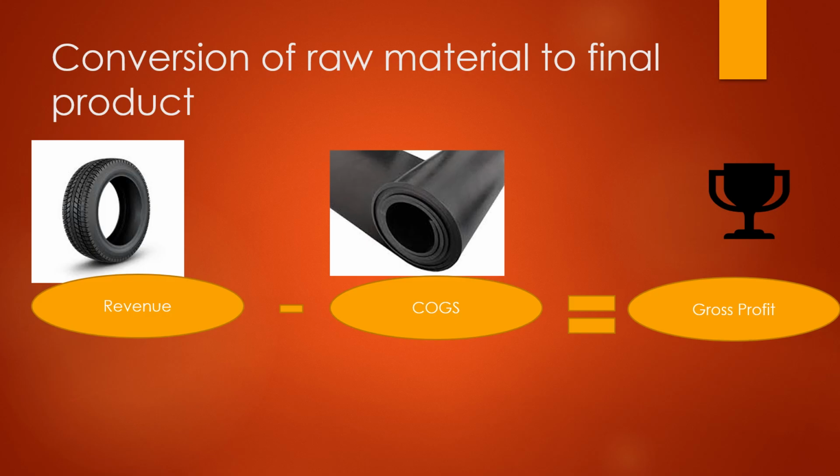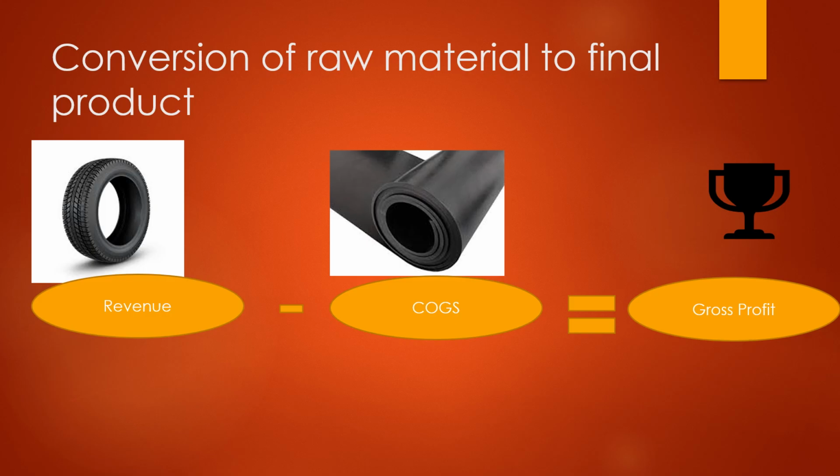We all know that rubber comes from the rubber plant and hence it's a commodity. There is a demand for the commodity and there's a supply of the commodity that determines the price. Due to this, there is going to be a change in the cost of goods sold continuously, but I will not be able to change my revenue regularly. That is why gross profit is important.